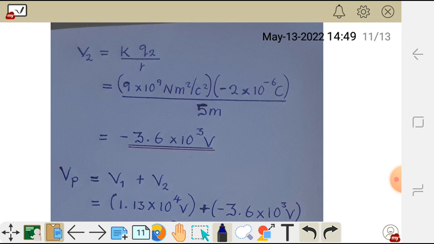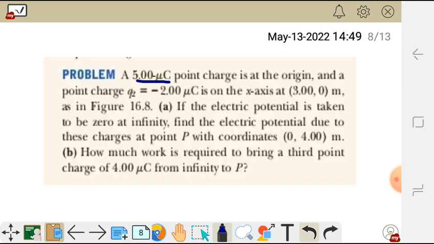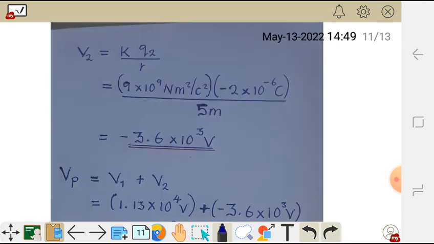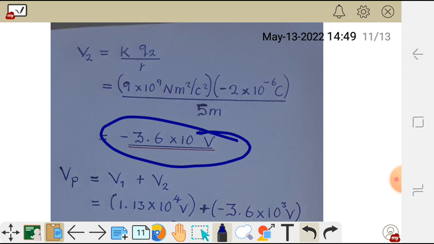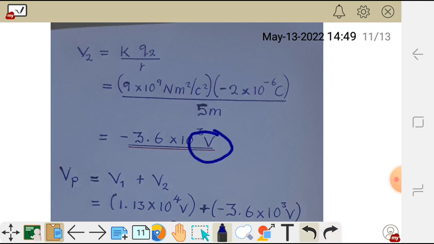And then Q2 is the charge, keeping in mind the sign, which is negative in this question. So you leave it the way it is, negative, divided by 5. Punching this on the calculator, you're going to find that it is -3.6 by 10 to the power 3 volts. Remember, potential is measured in volts.